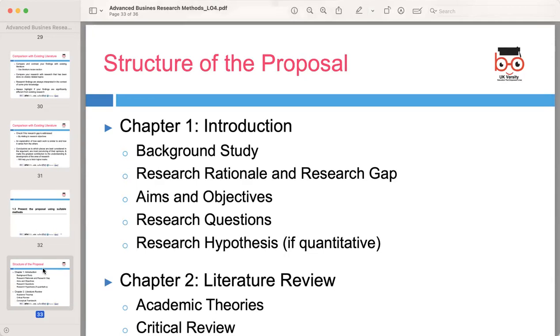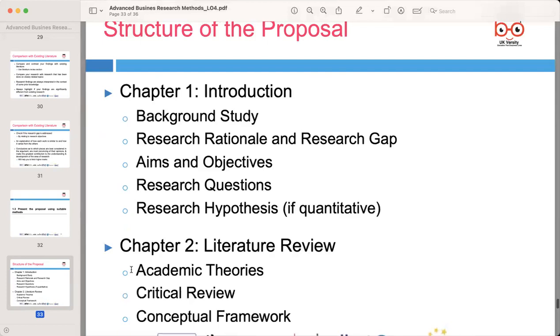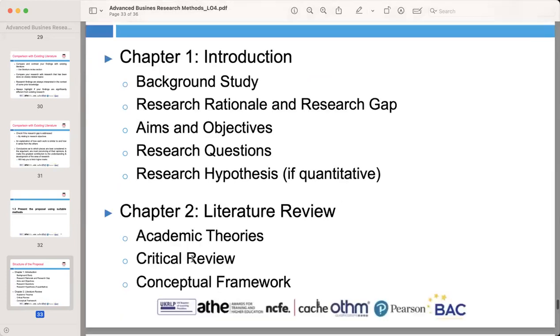And Chapter 2, Literature Review. The second chapter of the proposal is the literature review. This section examines existing academic theories and research related to the topic. So it involves the academic theories, critical review, and conceptual framework.